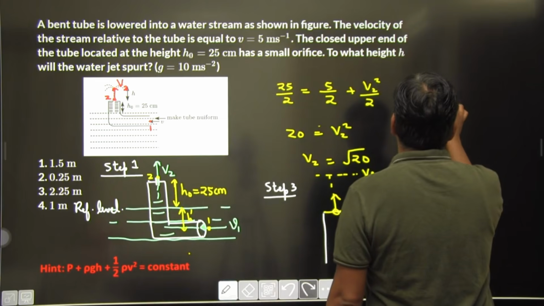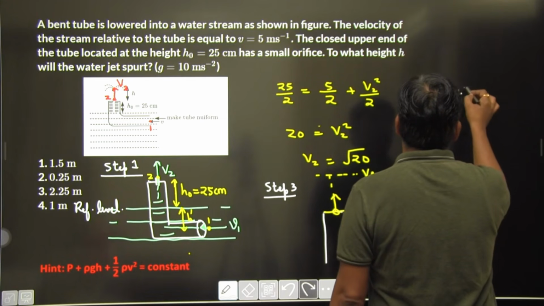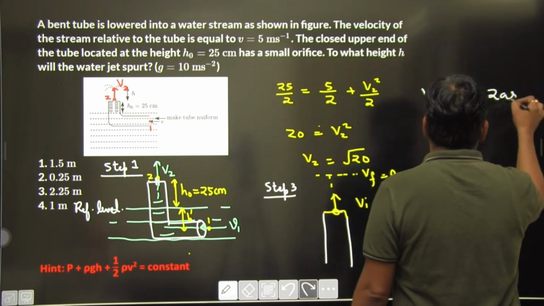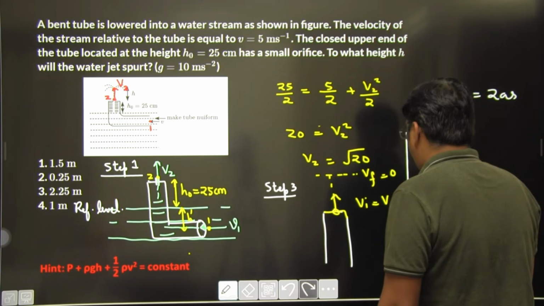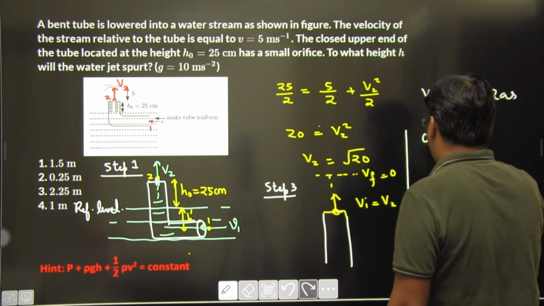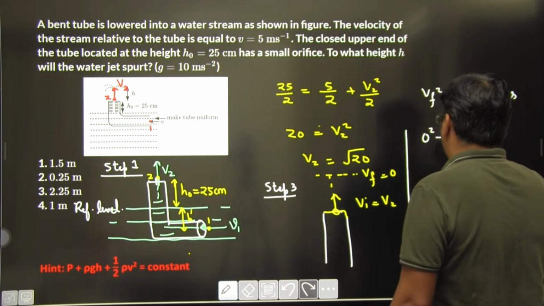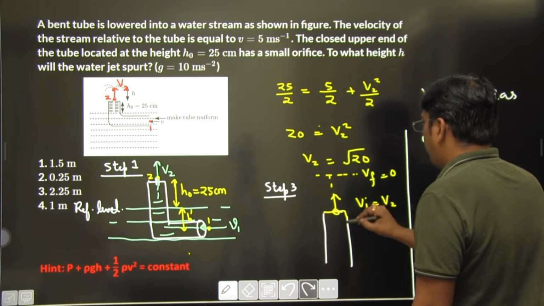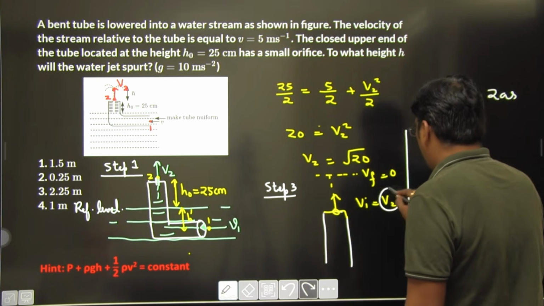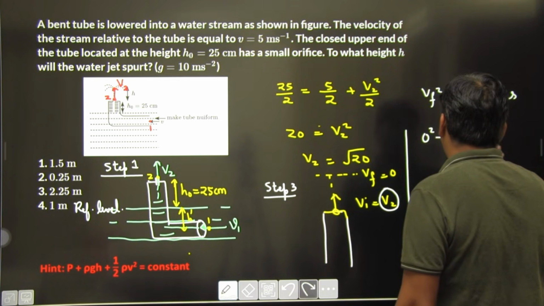V final square minus V initial square equals 2as. V final is 0, and the initial velocity is V2, which is root 20 square.